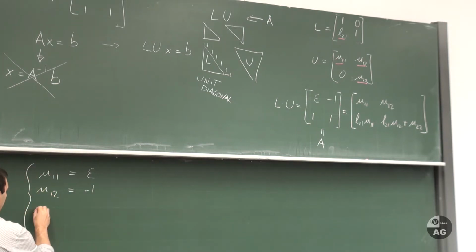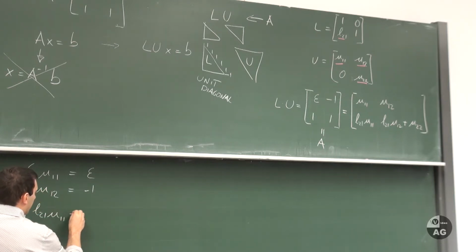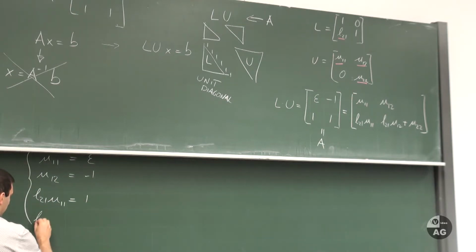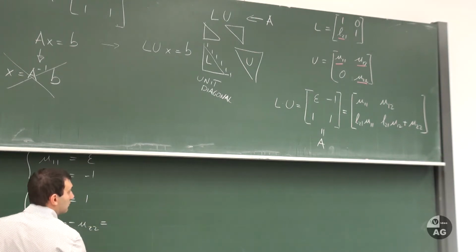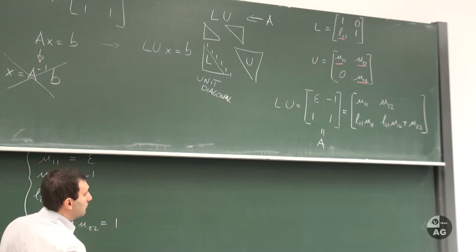Then we have L21 U11 equals 1, I think. And L21 U12 plus U22 equals 1 again.